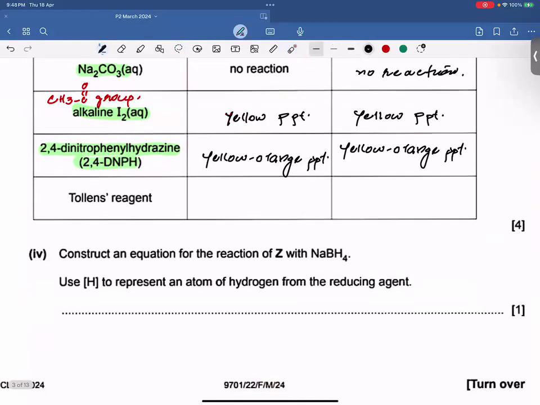So in this scenario, no reaction, because a ketone cannot react with Tollens' reagent. And when an aldehyde reacts with Tollens' reagent, you will get a silver mirror.